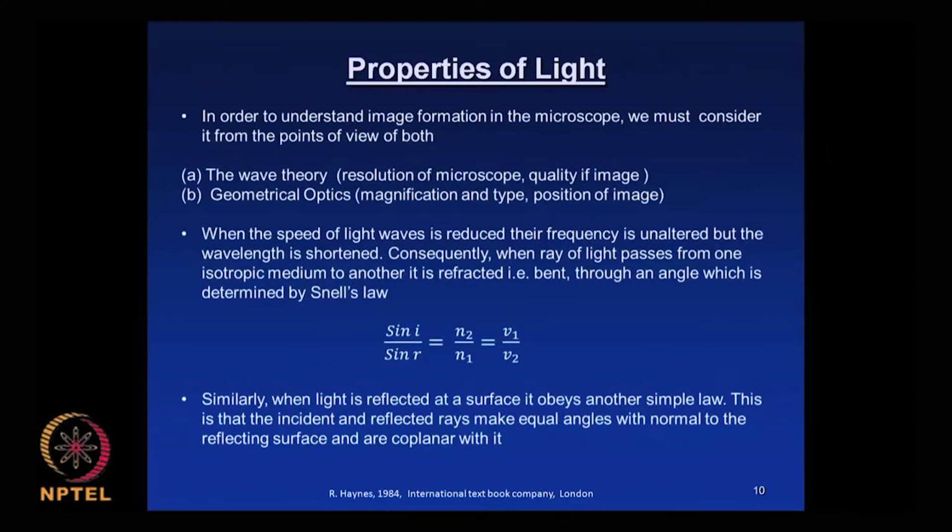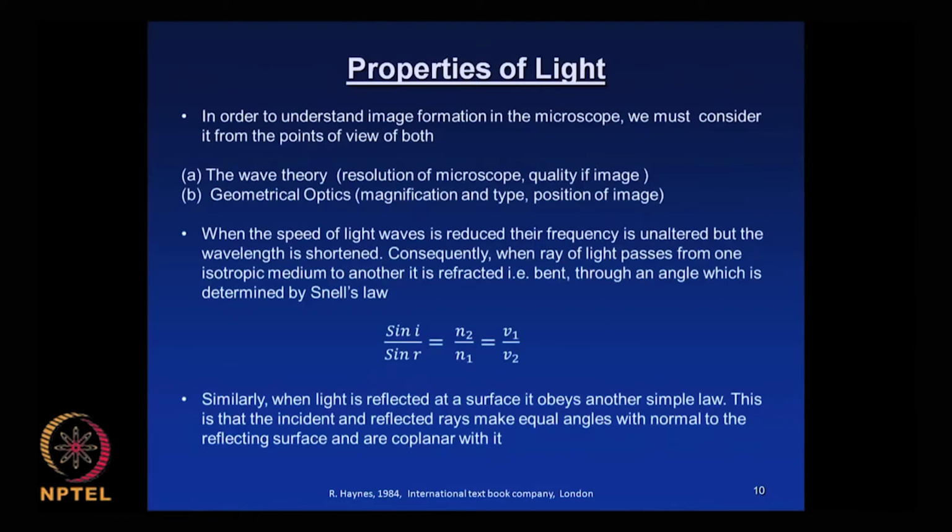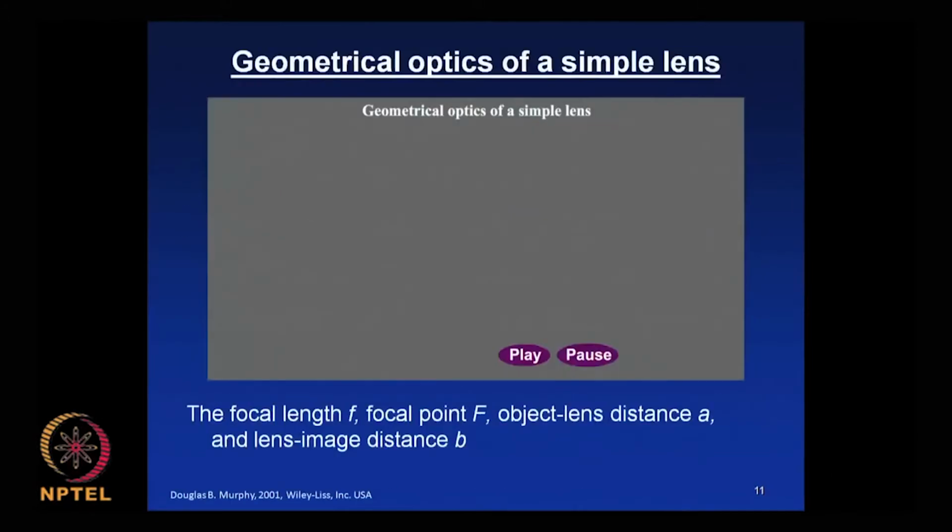What it means is the angle of incidence is equal to the angle of reflection. This is one of the important laws of reflection. These two laws are very fundamental for defining the properties of light. So, now let us look at the geometrical optics of a simple lens.